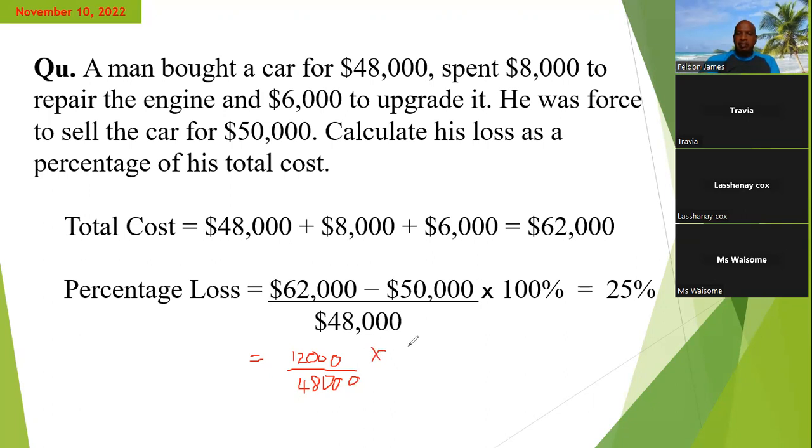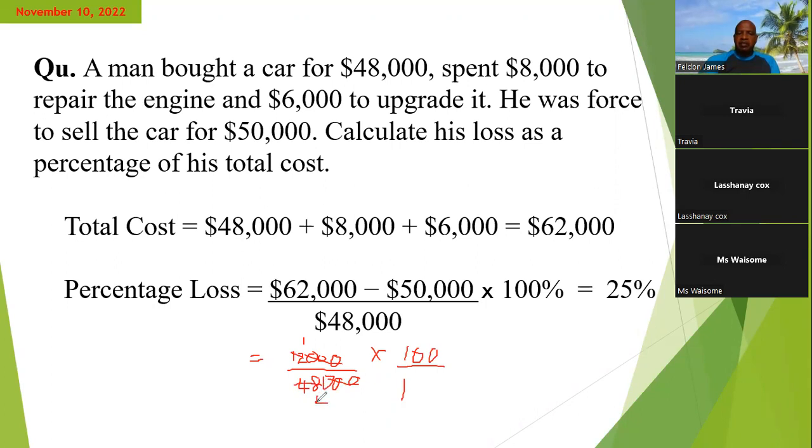Times now 100 over 1. All right, so we can cancel zeros above with zeros below. So we have 3 zeros here. We can cancel with 3 zeros here. All right. Now we also see that we can cancel the 12 into itself, and the 12 into 48 goes 4 times.